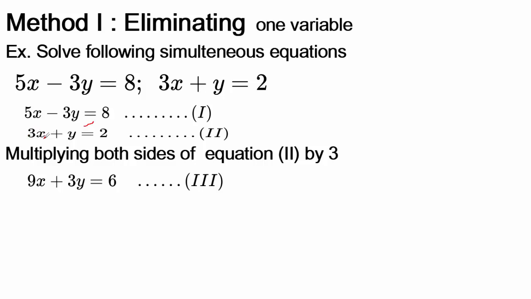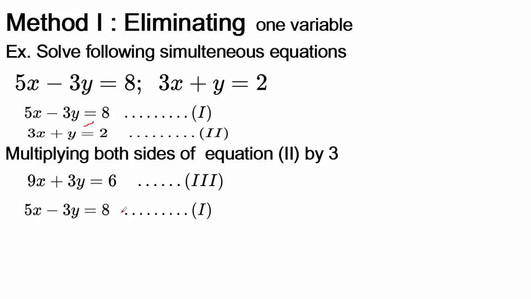If we multiply 3x by 3, it becomes 9x, plus y multiplied by 3, that means 3y, and 2 multiplied by 3 equals 6. Therefore, we get the equation 9x plus 3y equals 6. And the first equation is 5x minus 3y equals 8.